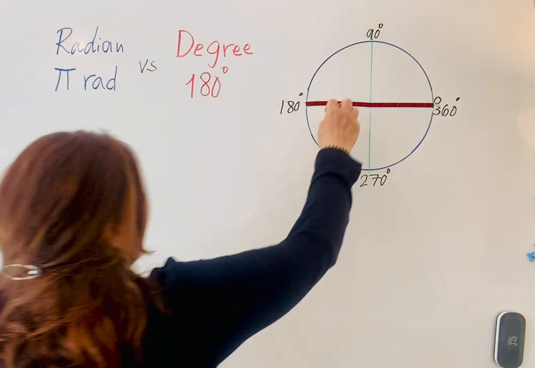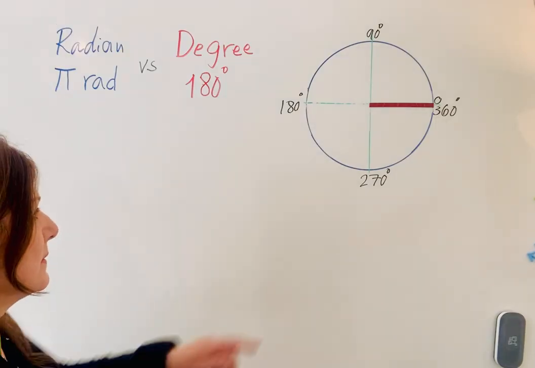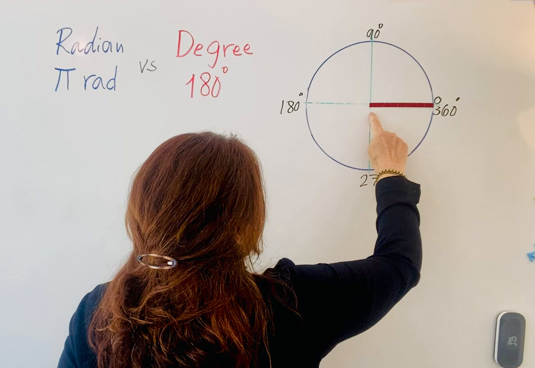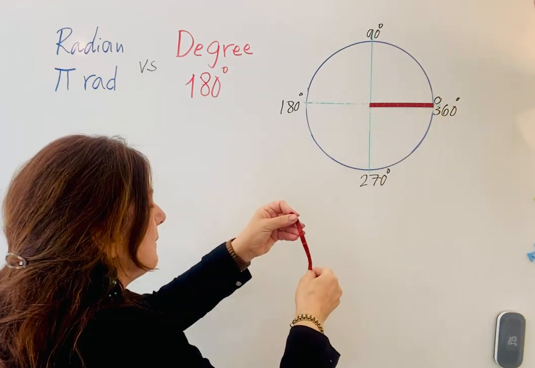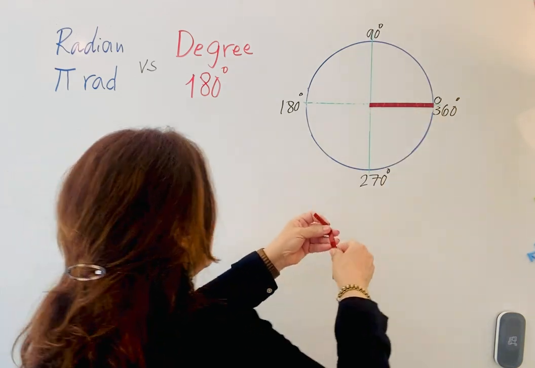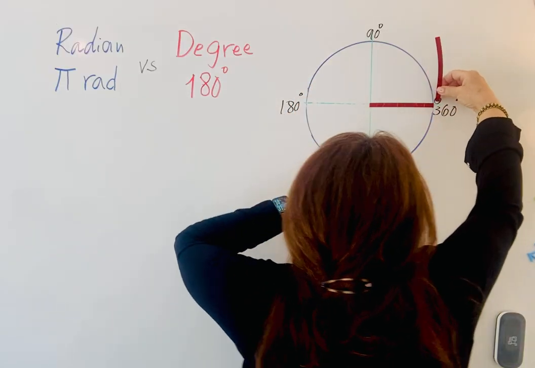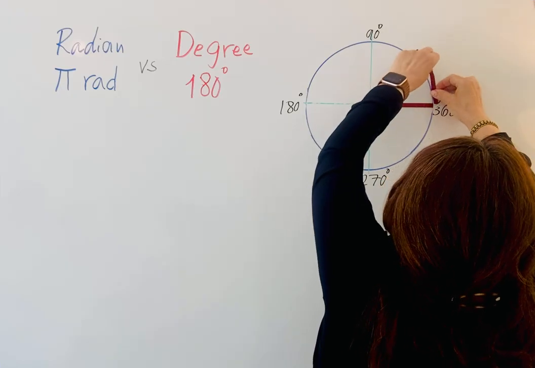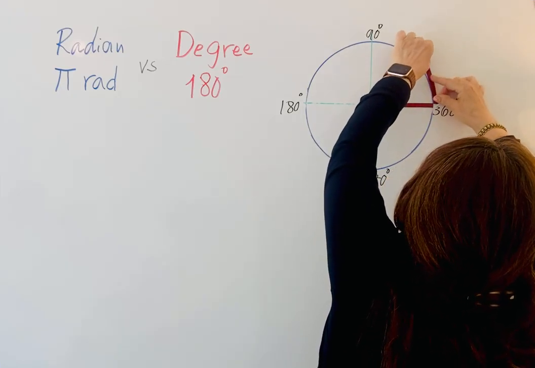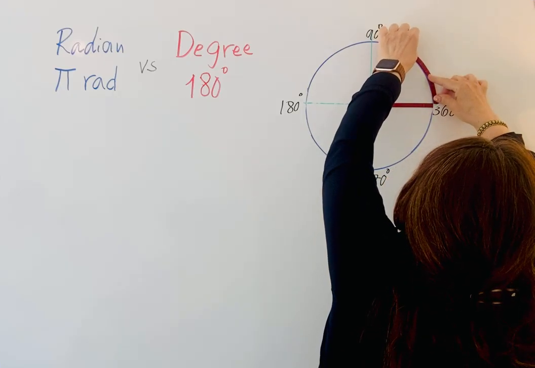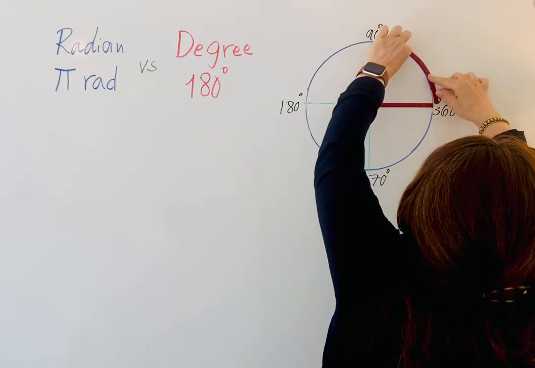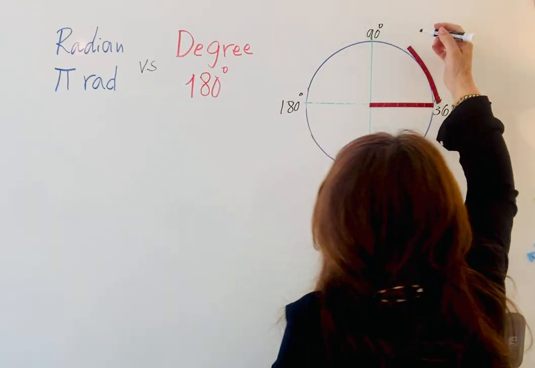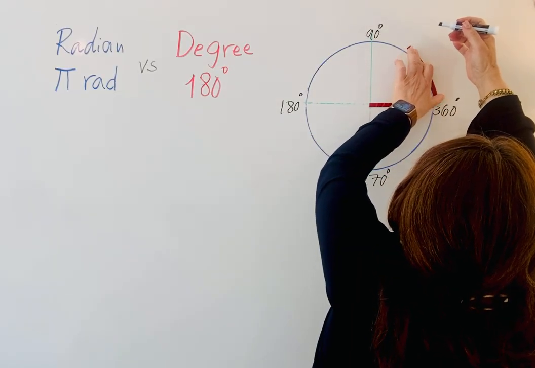Radian depends on the size of the radius. This is the radius, yes? If you have a radius like this one, and you find this arc on the circumference, from here to here, I can mark this part.